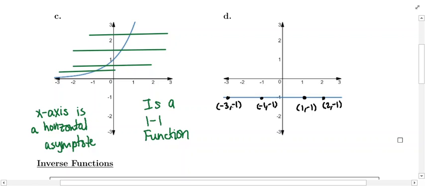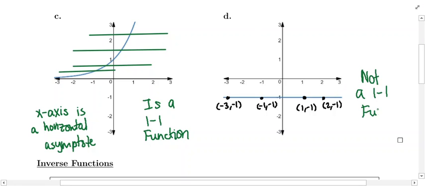I'm just eyeballing a few points on the line and writing down their coordinates. You can see that these 4 spots all have different x values, but they all have the same y value. Actually, every point on this line shares the same y coordinate of -1. Since there's sharing involved, this is not a one-to-one function.